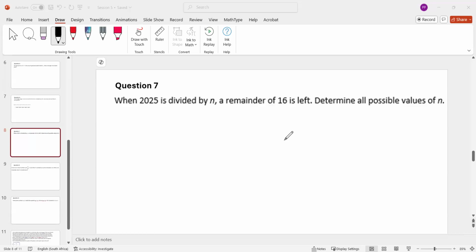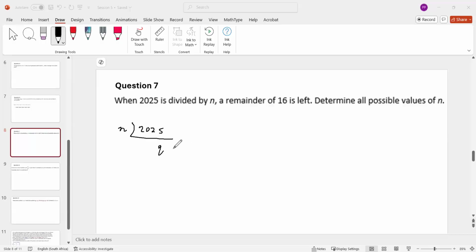Okay, so here now we've got an unknown n. So let's just see what's going on here. You've got 2025. I'm dividing it by n, and I get a quotient. I don't know what the quotient is.